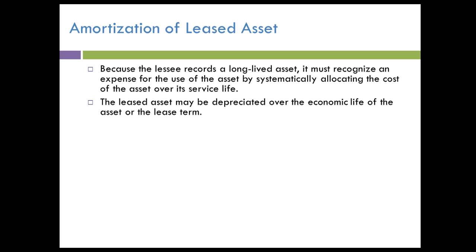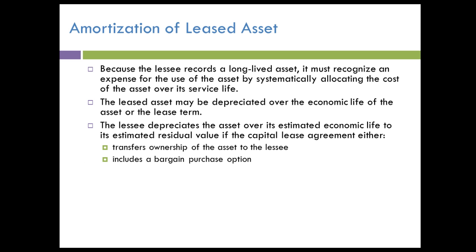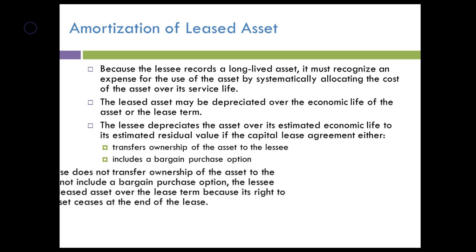And so this leased asset is going to get depreciated over the economic life or the lease term. So the lessee is going to depreciate the value based on its economic life to its residual value if that capital lease agreement either transfers the ownership or includes a bargain purchase option.